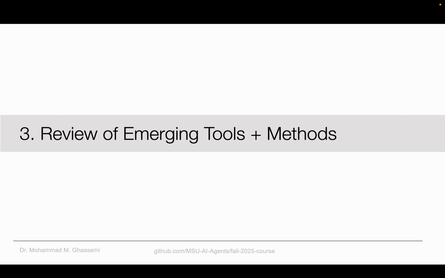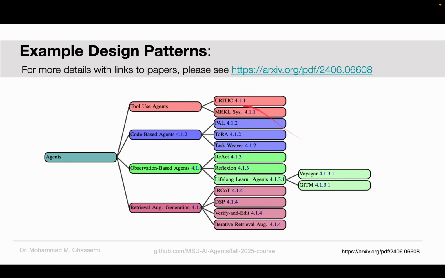So now that we've covered the motivation for these design patterns in AI agents, and we've also gone over some of the basic or essential design patterns that are used today, let's shift our attention to some of the emerging tools and methods that we're seeing in the scientific literature. The source that we're going to be using for the coverage today is the arXiv paper that you see linked here.